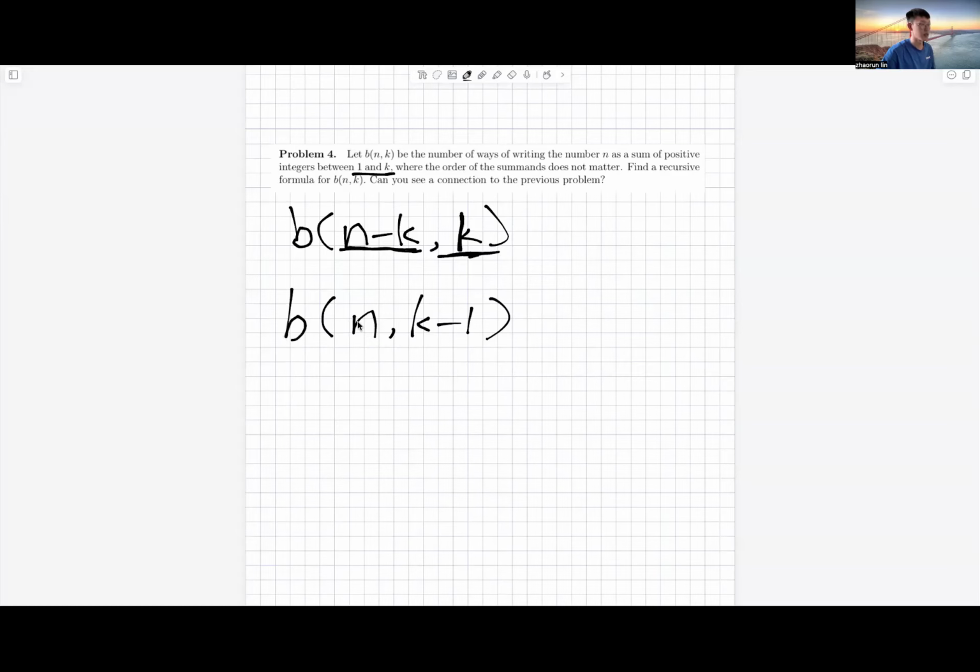And this is when the largest summand is not k. And we sum these two up, and this is the recursive formula of B(n, k).